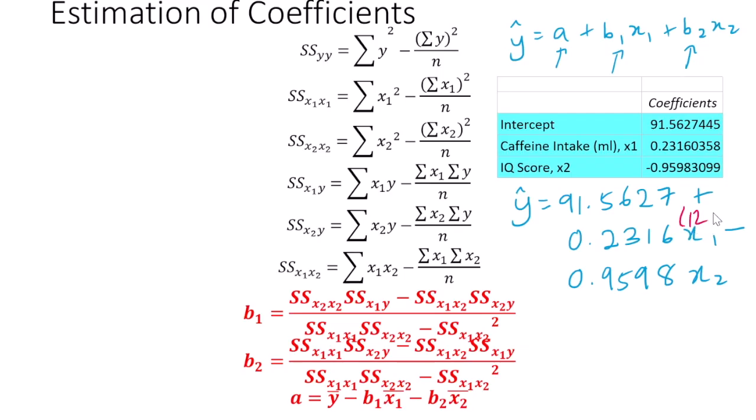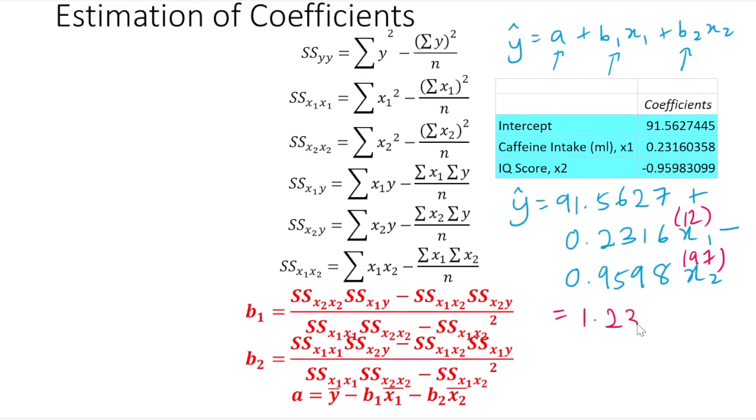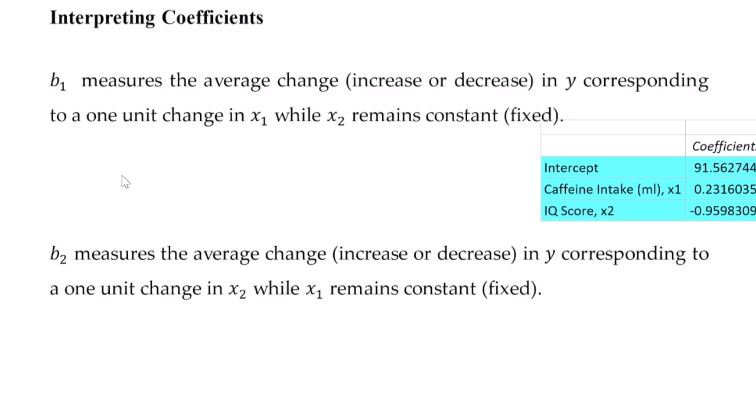Substitute 12 over here, substitute 97 over here, and you would get your answer, 1.2383.